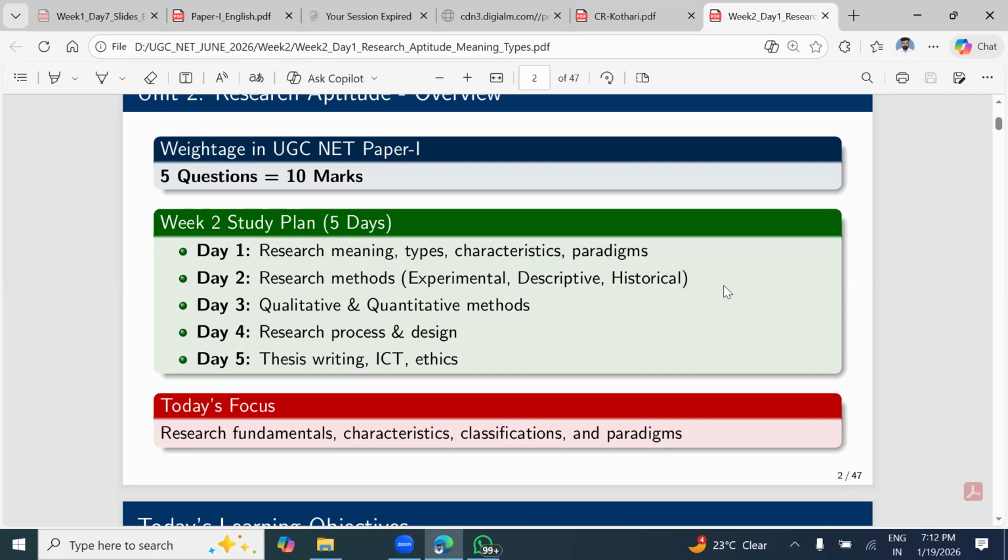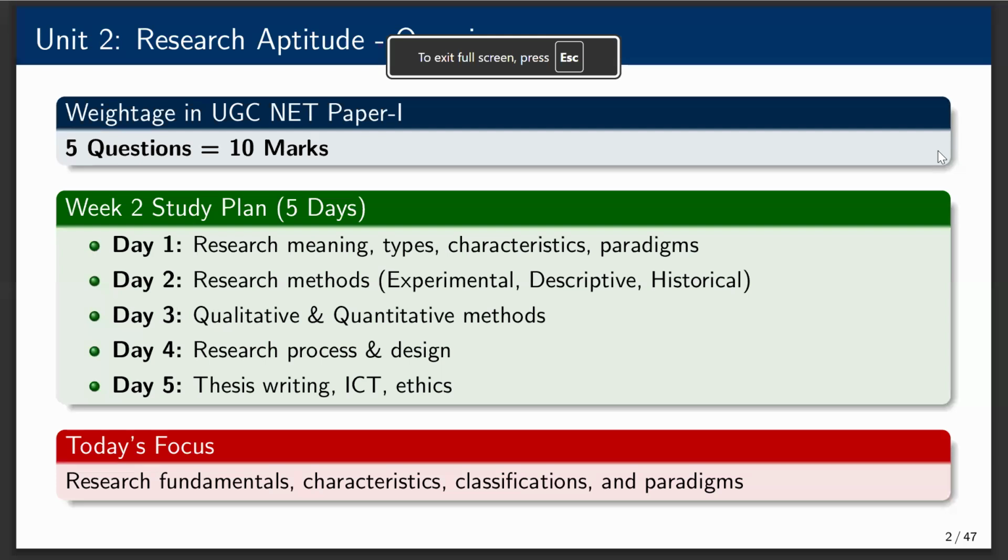So now our focus is, when you are targeting JRF, you should not waste or miss a single question. My honest advice is that you prepare this section very well, so that at least 5 questions which you will get in UGC NET paper 1, you should be able to crack.